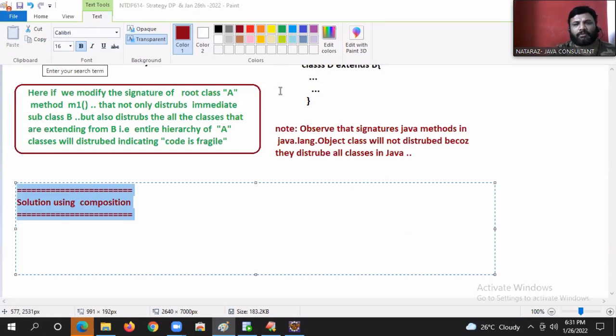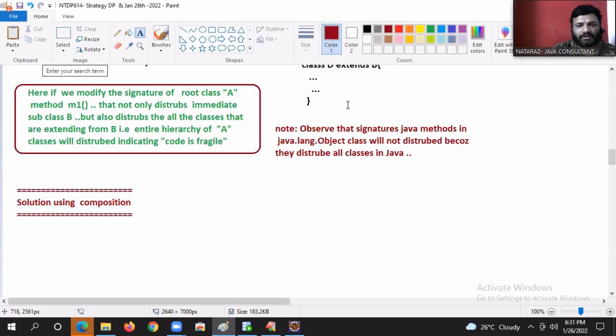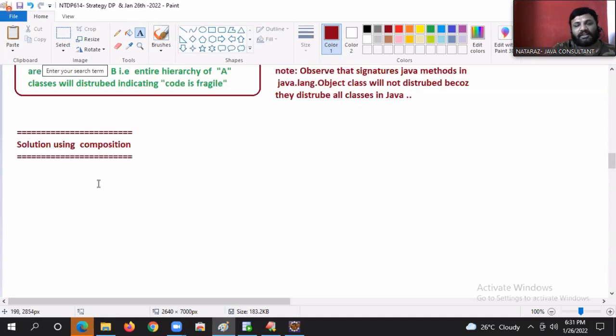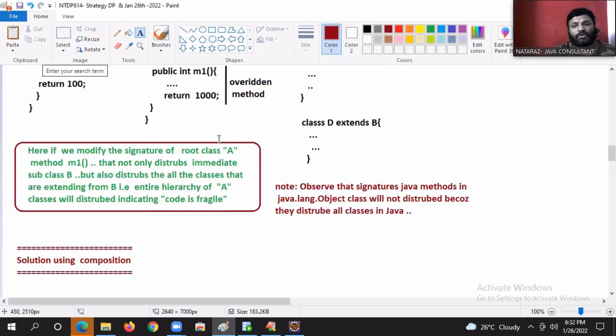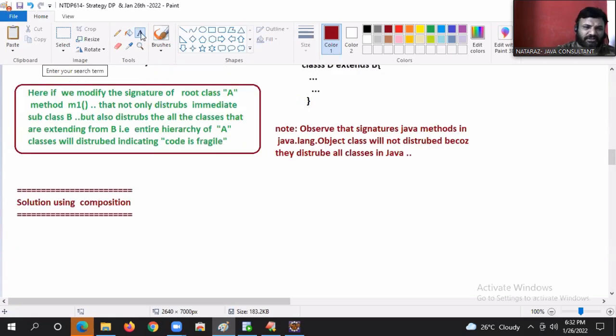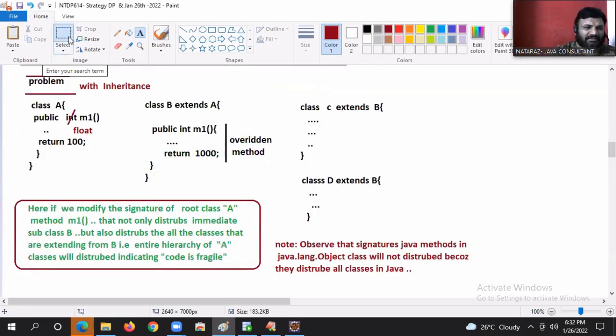Tell me, guys, when you go for composition, no overriding, nothing will be there. Just the method call concept comes into the picture. So I'm taking class A as it is.